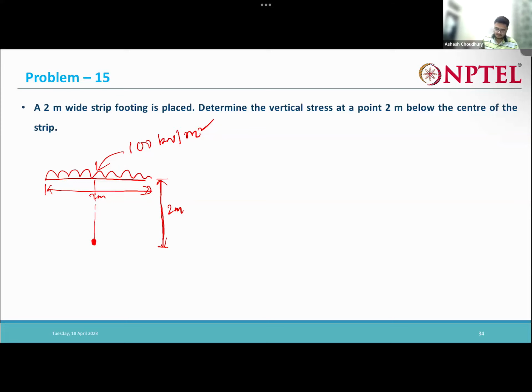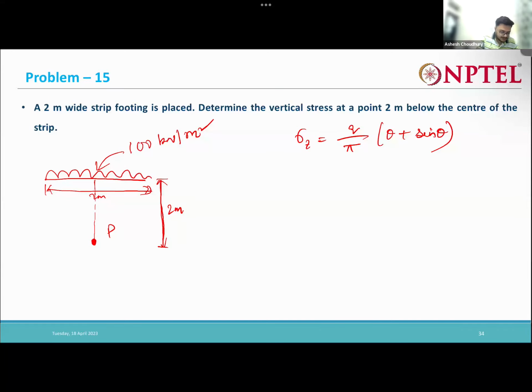Here we need to find it out. This is the point. Now, for this strip load, the increase in stress is given by q by pi times (theta plus sin theta).